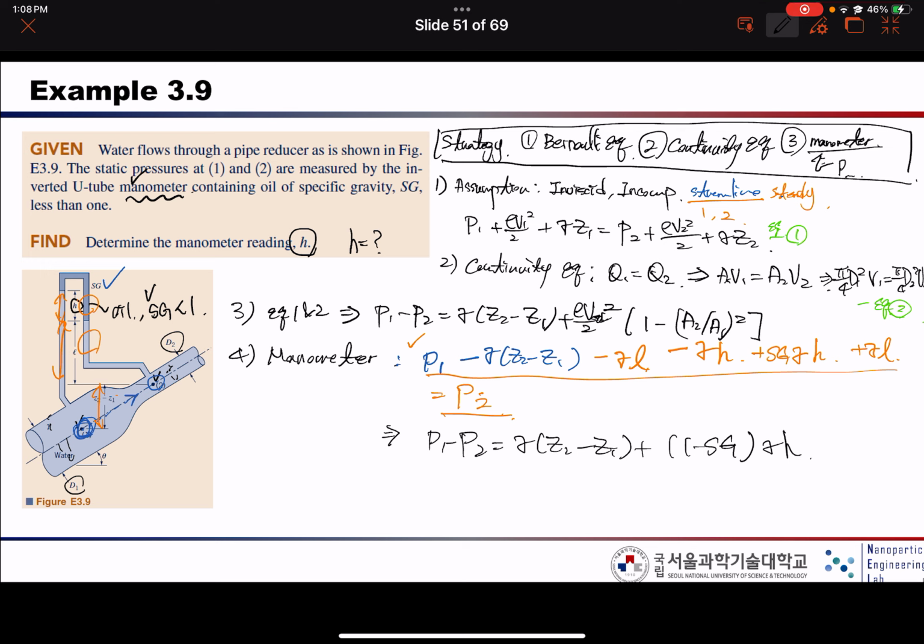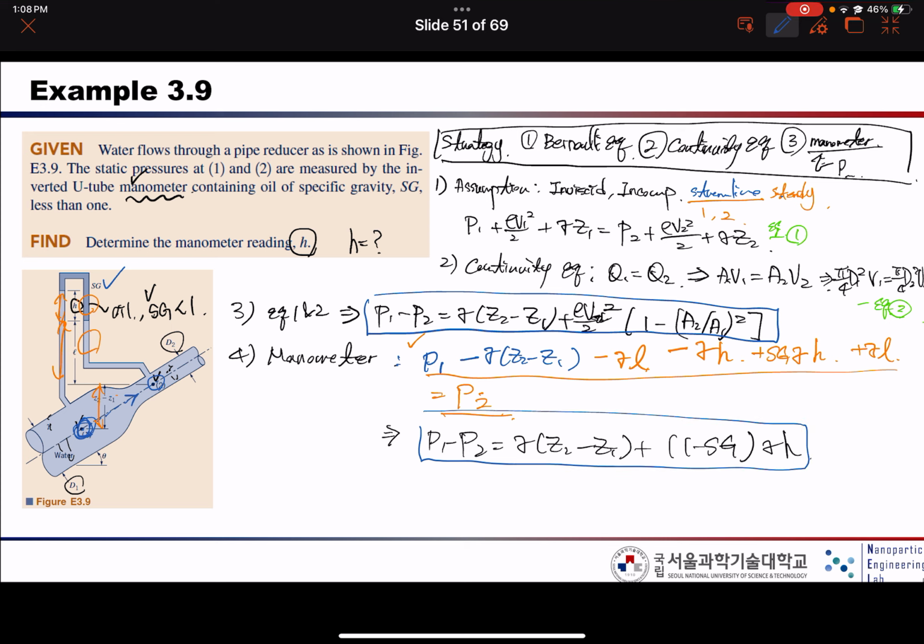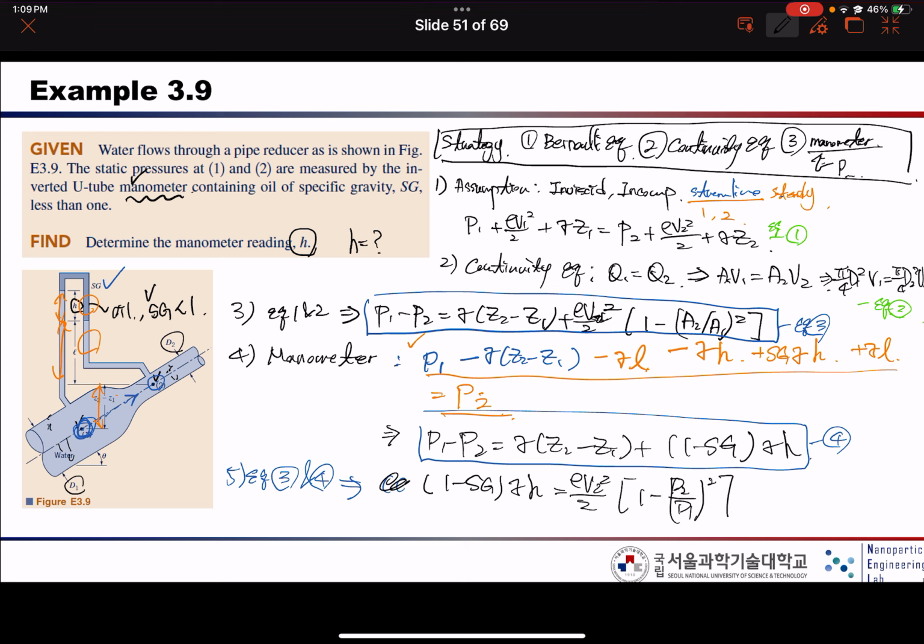And also, if we combine this equation and this equation, let's call this equation 3 and this equation 4, equations 3 and 4, we can write (1 minus SG) gamma H equals rho V2 square over 2 times (1 minus (D2/D1) to the fourth), right?